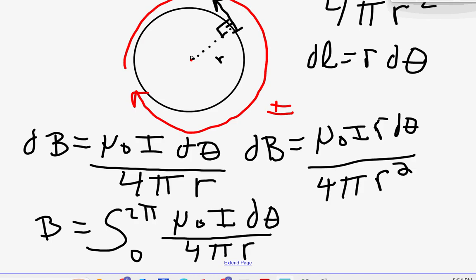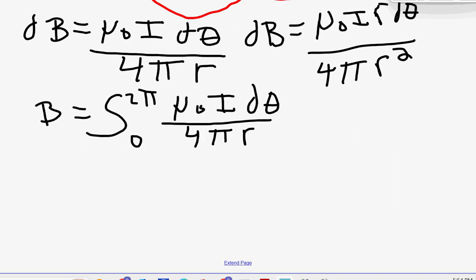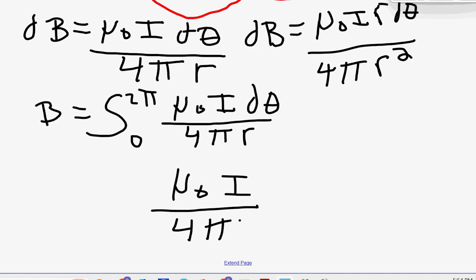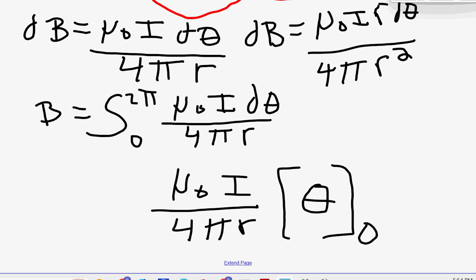When we're done with that, we will have mu naught I over 4 pi r, and we're integrating from definite limits, so all we'll have is theta from 0 to 2 pi.